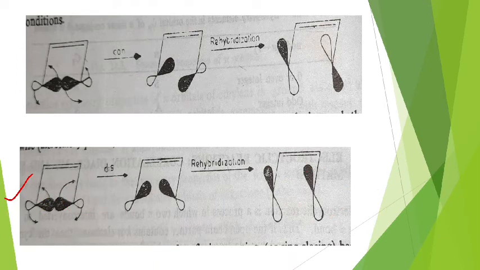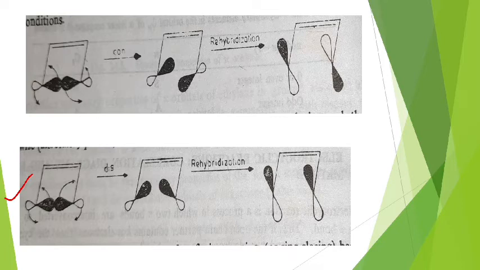In the ring opening of cyclobutene, not only are the orbitals rotated, but also the substituents present on that carbon are rotated, so that we get different products in different modes.